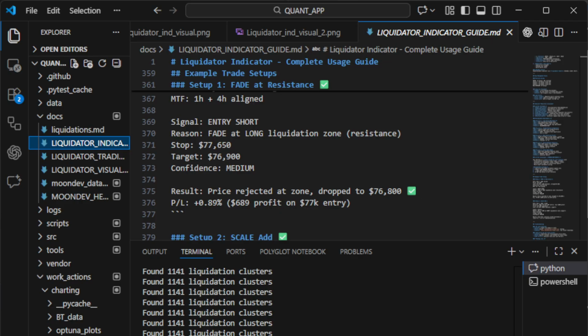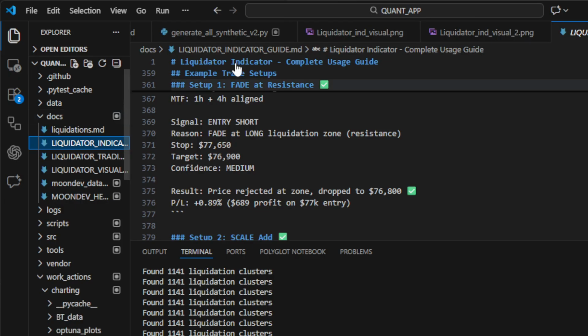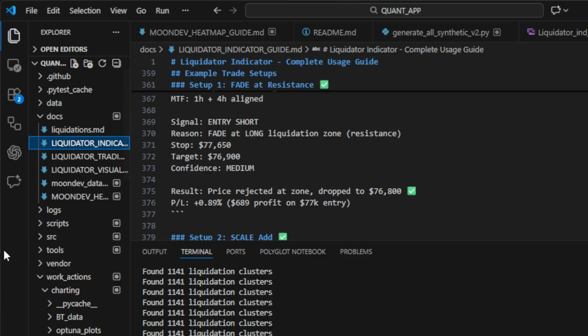It actually all started with an idea. First, I got the funding channel here, and one idea led to another while testing, also keeping in mind the RBI system: research, backtest, and implement.